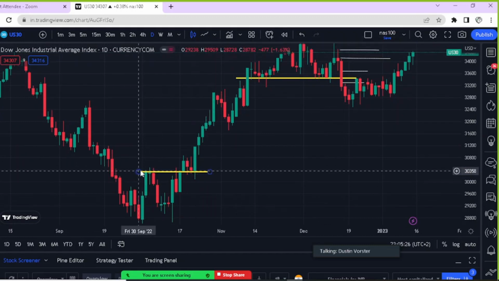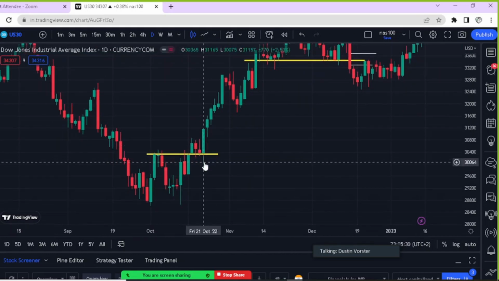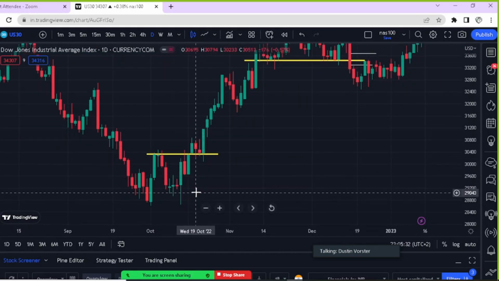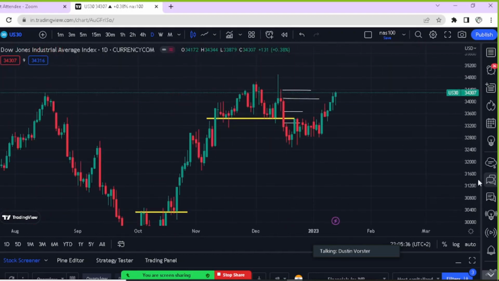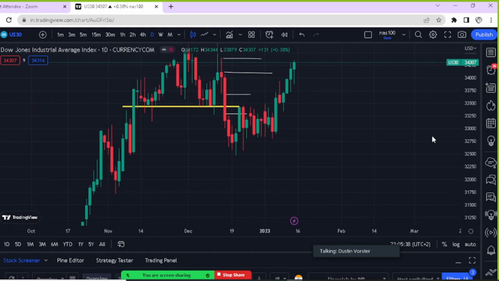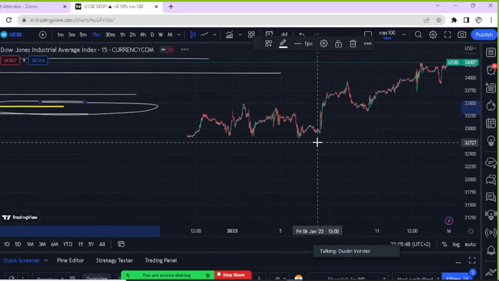You see here, breaking and testing the neckline. Price didn't come all the way down to tap deeper mitigation, if that makes sense. So what I do is I use the daily for POIs, and when price enters those areas, I'll go down to lower time frames.